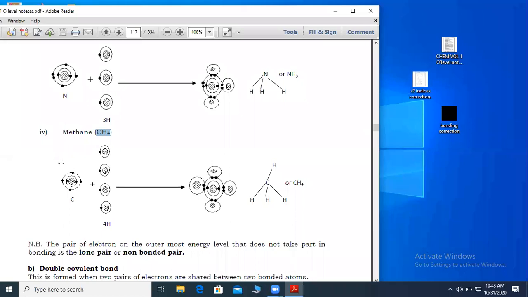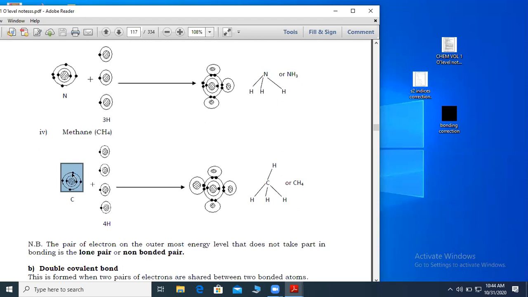So carbon, its electronic structure is there. Carbon has 4 electrons in the outermost shell. So for it to have 8 or to become stable, it needs to bond 4 times. I told you when you are filling the electrons, start with north, south, east, west, such that now the hydrogen atoms surround the carbon.